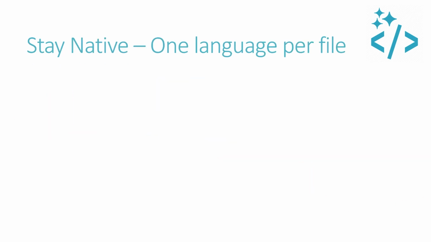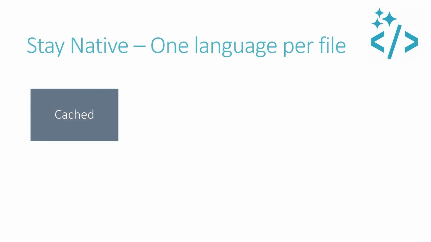Also, we have to stay native, so one language per file. We should not mix C# code with CSS code and so on, or store, maybe, HTML content in databases. Yeah, this can be problematic sometimes because fixing it and doing updates is not so easy. If we stay native, then we can take benefits from caching of content.